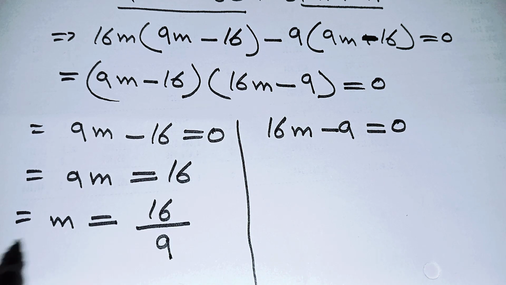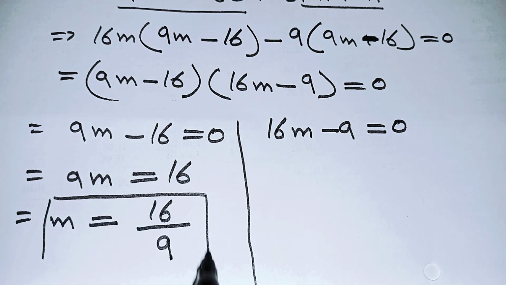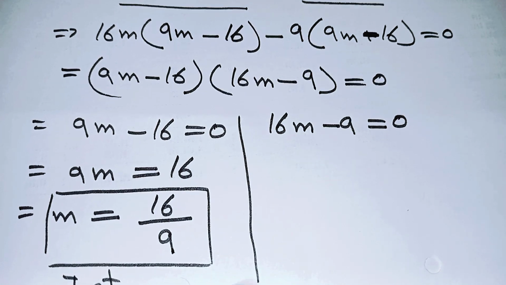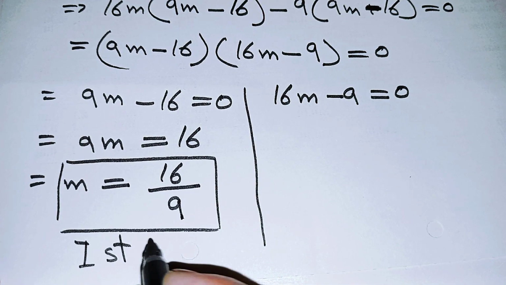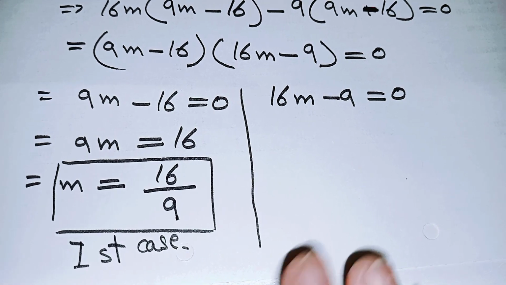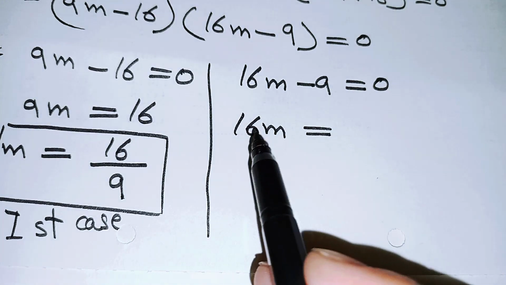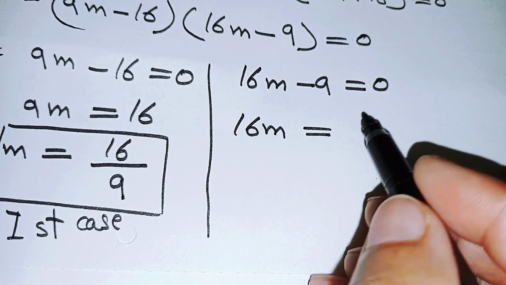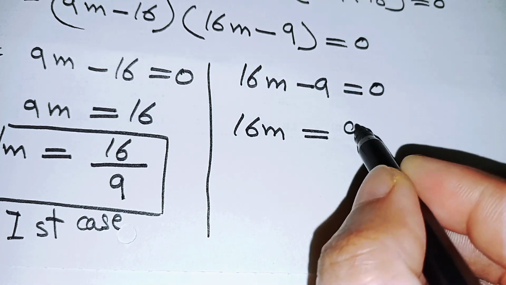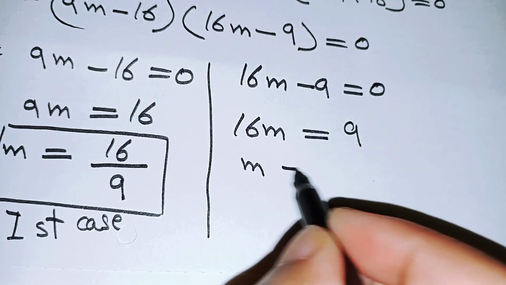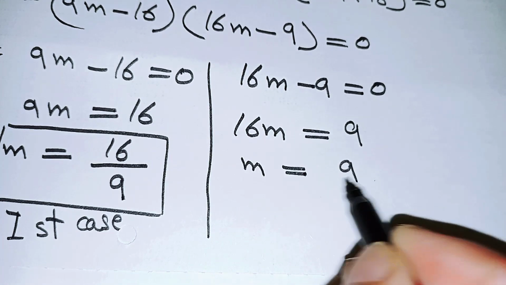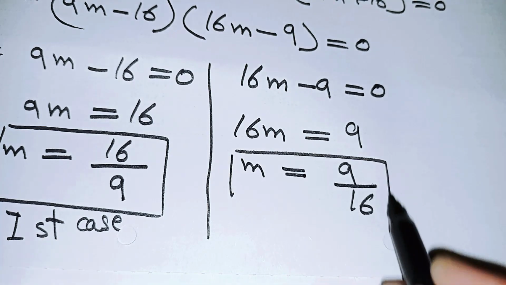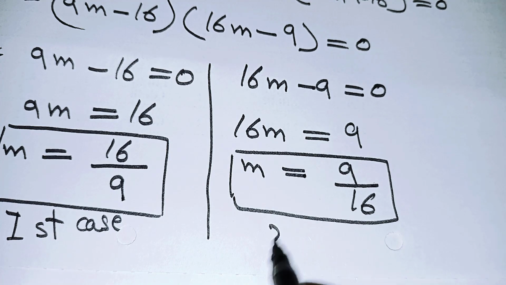And now here it is the first case. So here is 16m is equal to, and this minus 9 is moved to the other hand side is 9, and now this m is here and is equal to this 9 over 16, and now here it is the case of second.